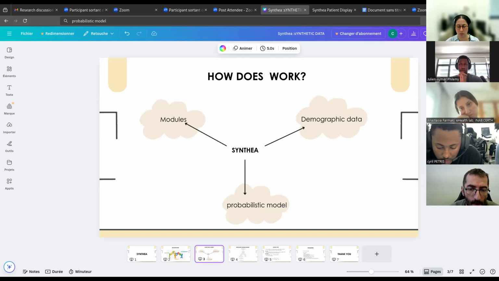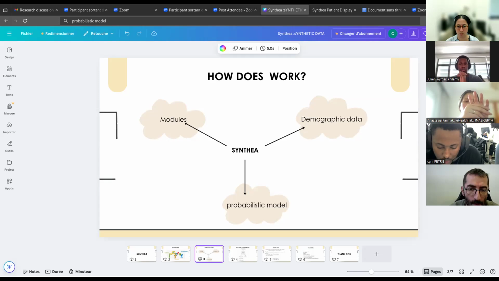Every node in this graph represents a medical event, like a diagnosis, a consultation, or maybe a hospitalization of the patient. In this graph, the edges are weighted by probabilities. So if you are old and you have a high BMI, you most likely could have diabetes.